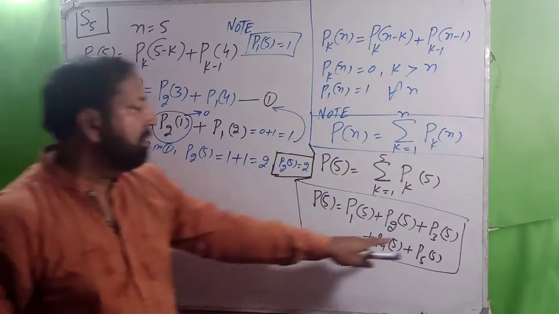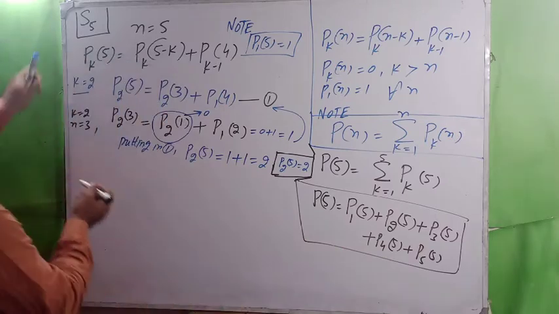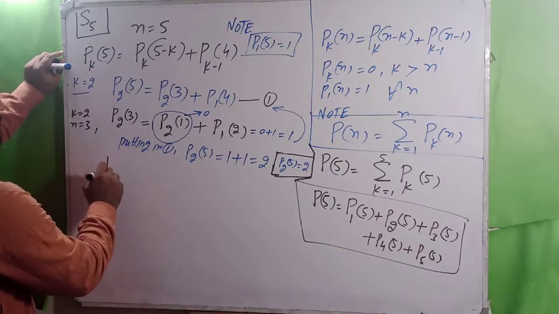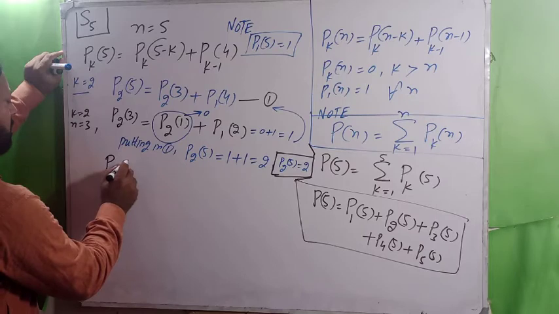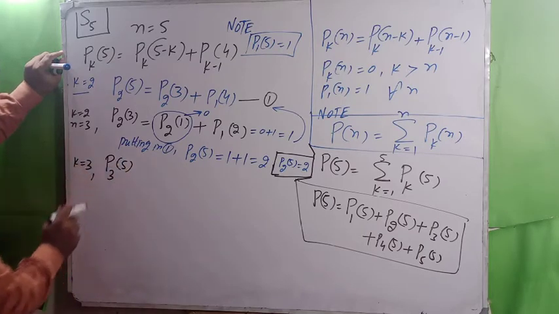Next, we will find P35. For P35, now I can find directly when k is equal to 3.